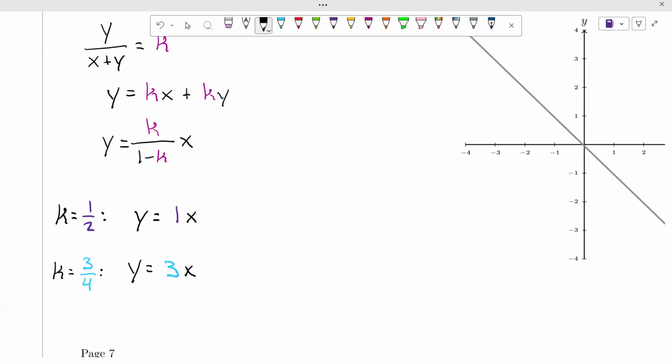So y equals 3x. And lastly, k equals 2. I think green is the next color we were going to use. If k is 2, then I'm going to get 2 over 1 minus 2. So y equals 2 over negative 1. Call that negative 2x.